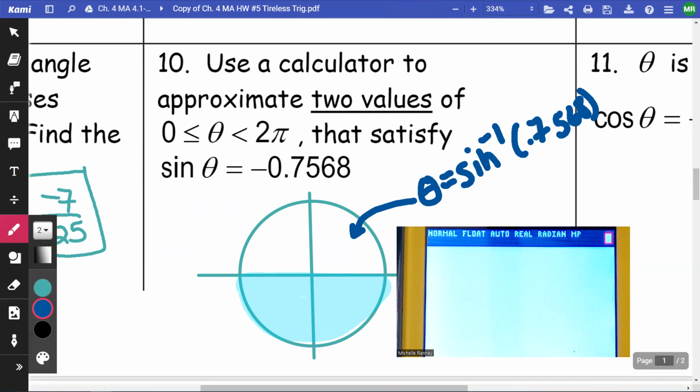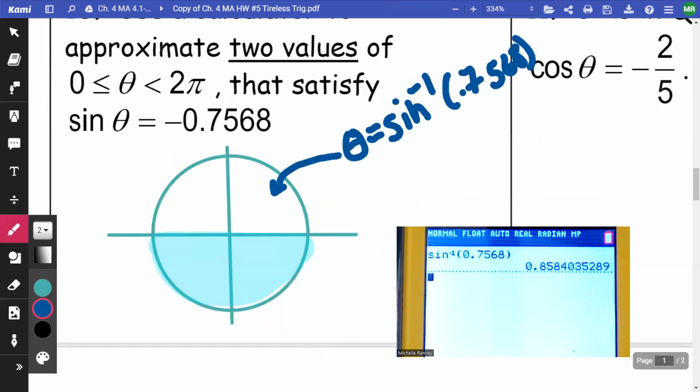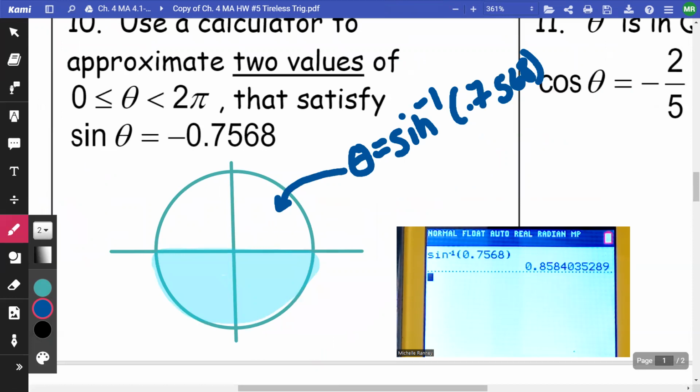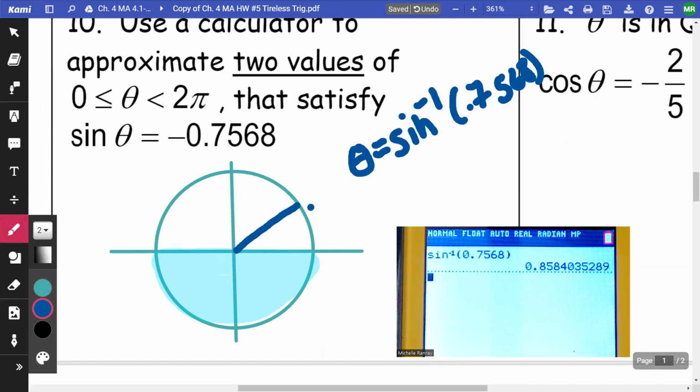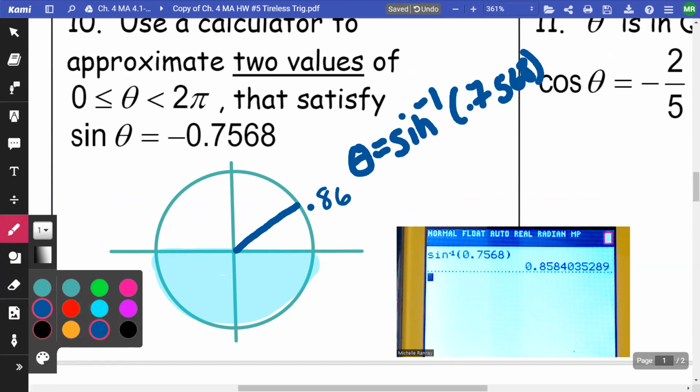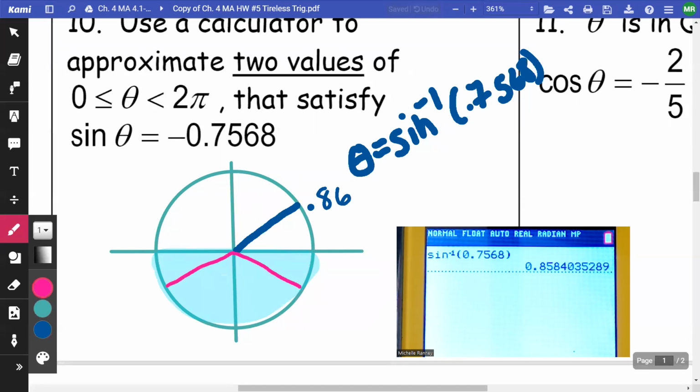So I'm going to do sine inverse of the positive 0.7568, and I get about 0.86 radians. So I don't want it there. I want it down here and I want it over here.